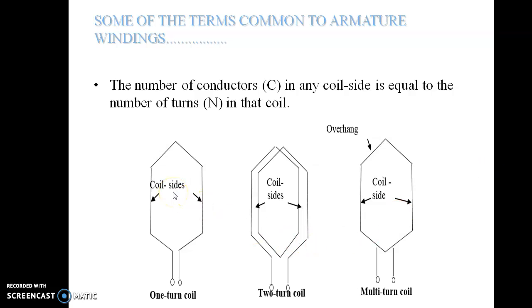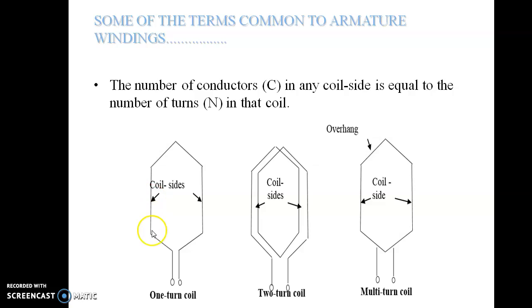Here we can see very clearly, these are all coils. This is a one turn coil. This is a two turn coil. This is a multi-turn coil. So, a one turn coil is made up of two coil sides.